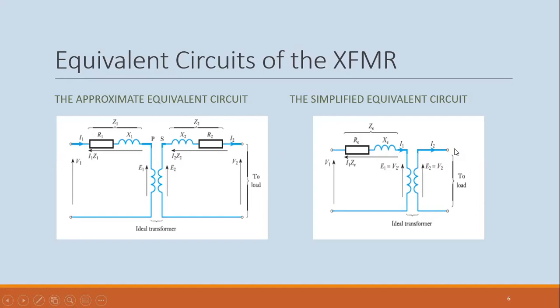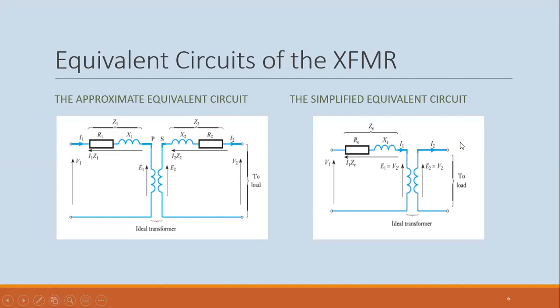So we have referred the secondary impedances to the primary. All right. So notice now that the resistance is now RE instead of R1 and R2. It's an equivalent resistance. And the reactance on the primary side now is an equivalent reactance, XE.